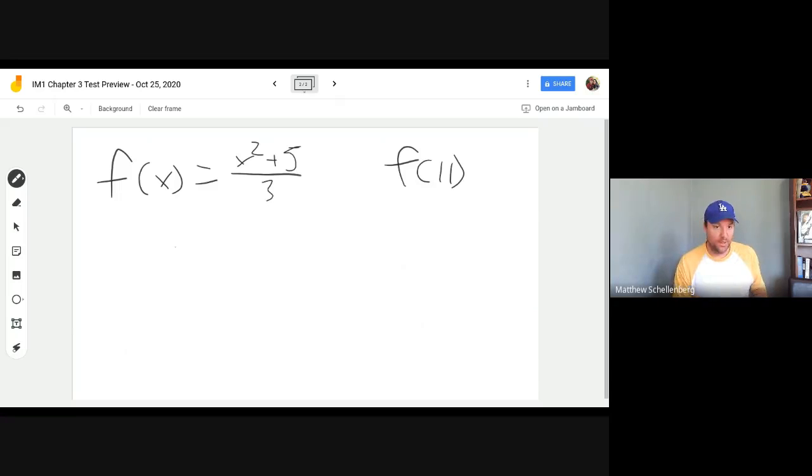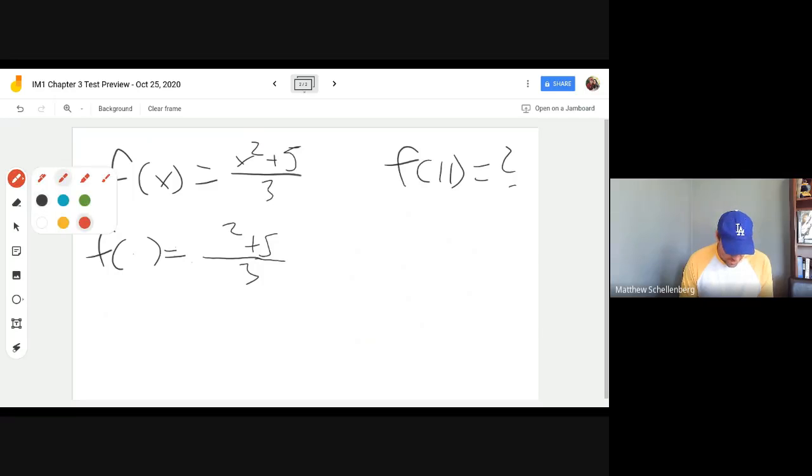Go. All right, so here's what is f of 11. Plug in 11 into each, and I mean each, there's only one x. So f of 11 equals x squared plus 5 over 3.